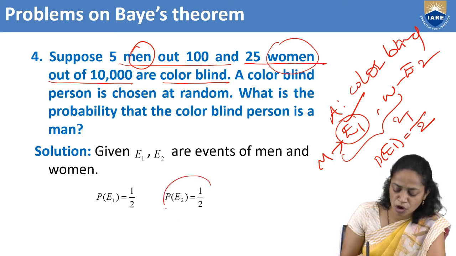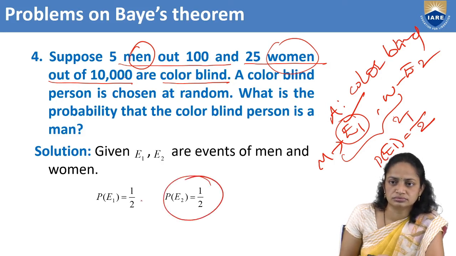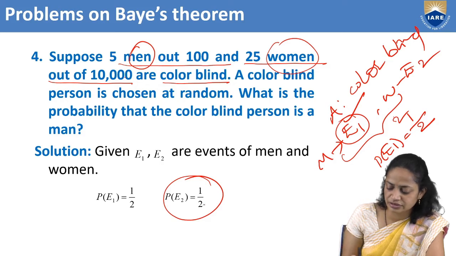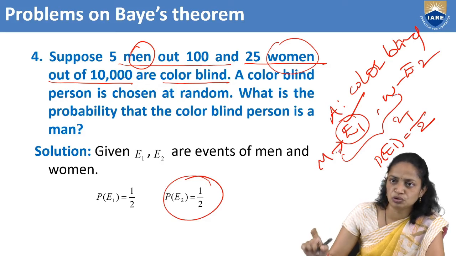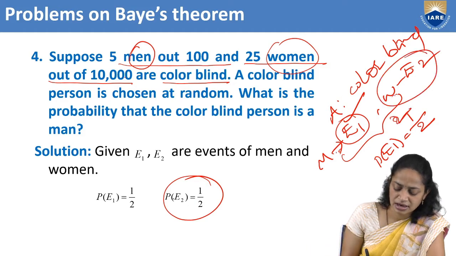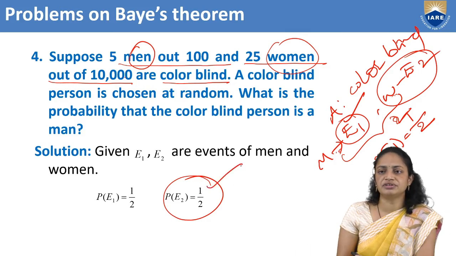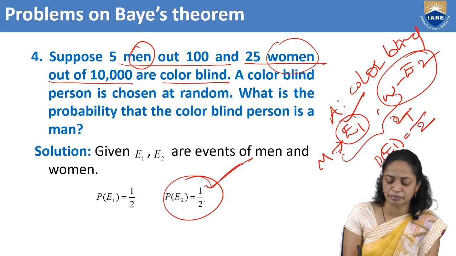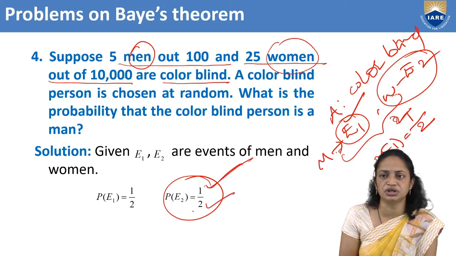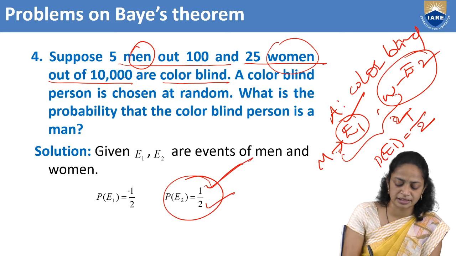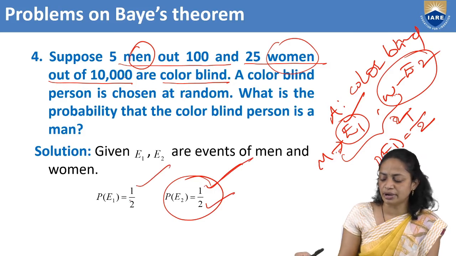Like that, probability of E2: total number of events are men, women, 2 possibilities. From that we need only women, so favorable events are 1. So probability of E2 equals favorable events divided by total number of events, P of E2 equals 1 by 2. Like that, P of E1 is also 1 by 2.